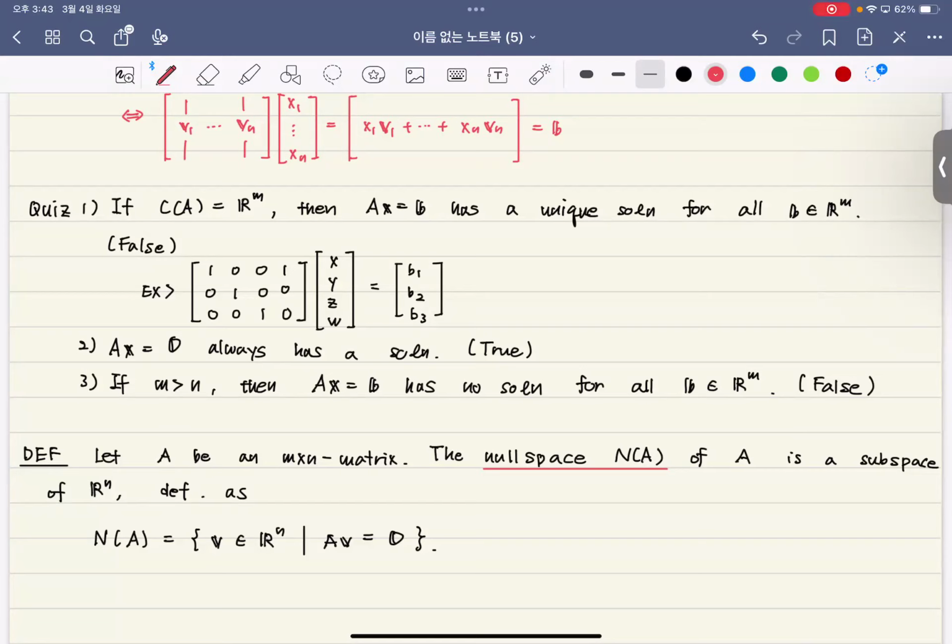In order to be a subspace, the set must be closed under vector addition and also closed under scalar multiplication. Is it closed under vector addition? Yes, because if v1 and v2 are solutions of Av = 0, then A(v1 + v2) must also be a solution of the equation. And if v is a solution of the system, then any scalar multiple of the vector is again a solution of the same system of linear equations.